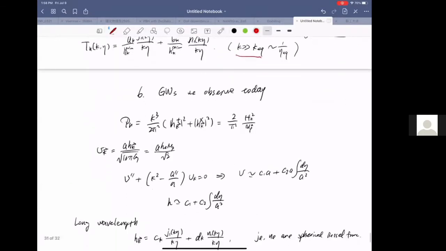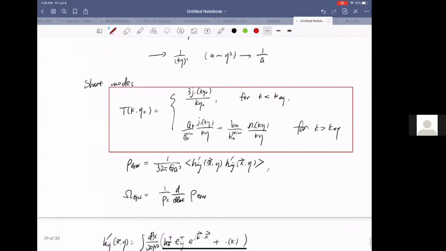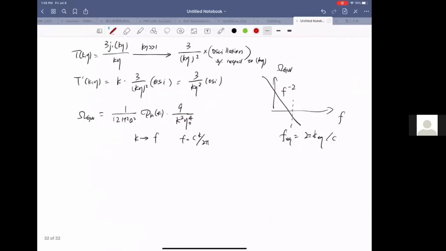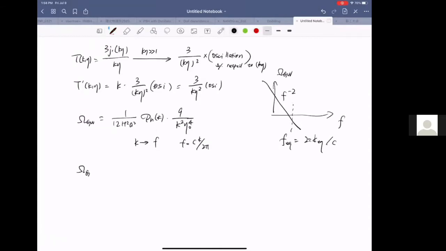So in this case, the gravitational wave parameter is, let me just go from the transfer function. The transfer function is b_k divided by h_k prime times n_1, if I remember correctly.